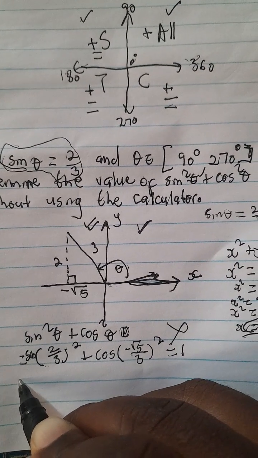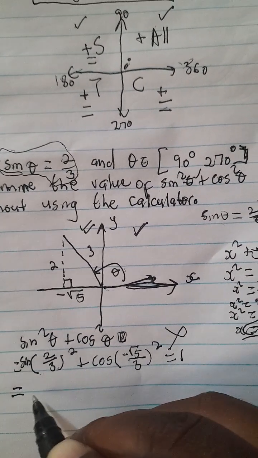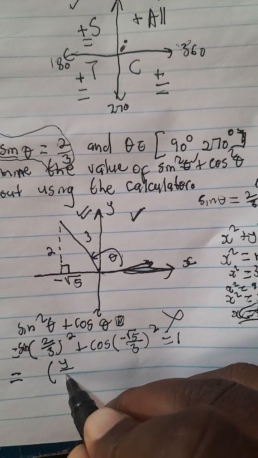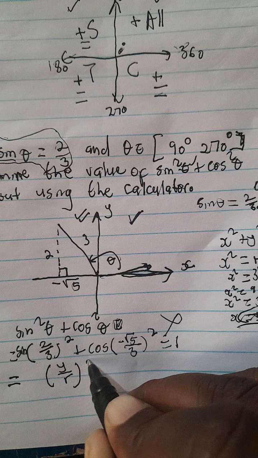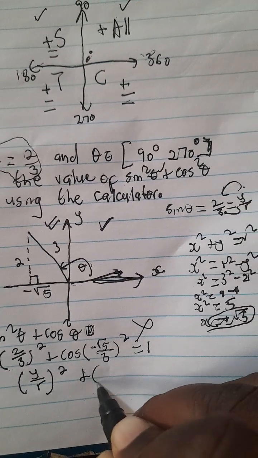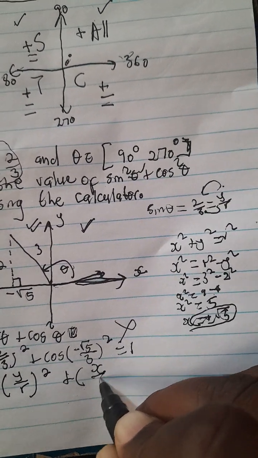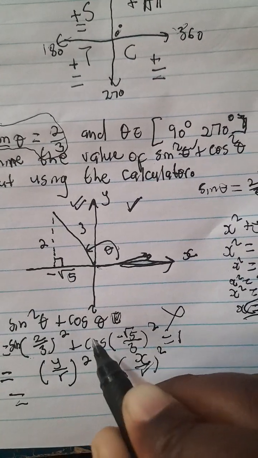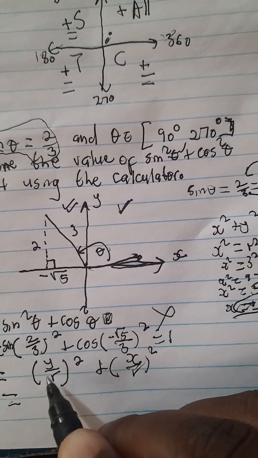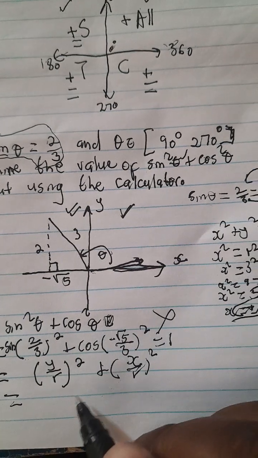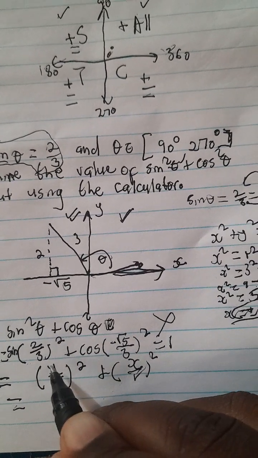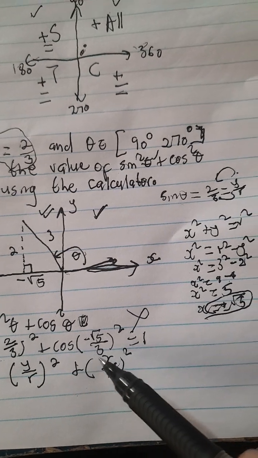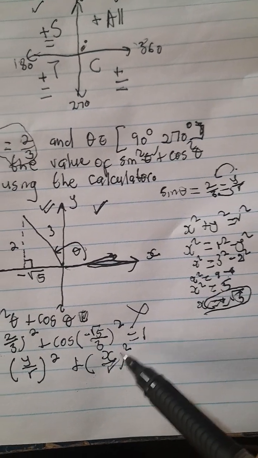What is the correct way of writing it? The correct way of writing it, let's follow this. It's to put the trigonometric ratios: y over r squared plus x over r squared. In this manner, you will have written it. Remember, we're not looking for the values of the thetas here. We're looking for the value of sine squared plus cos squared theta. So you write it like this: y over r, squared, plus x over r, squared.